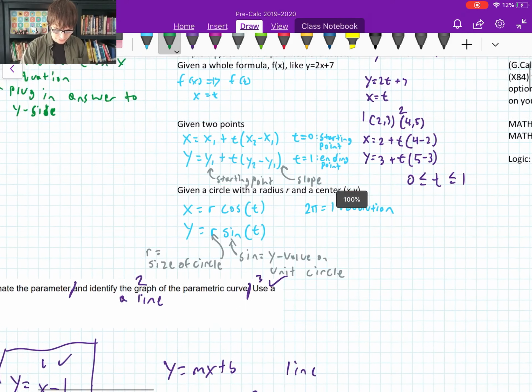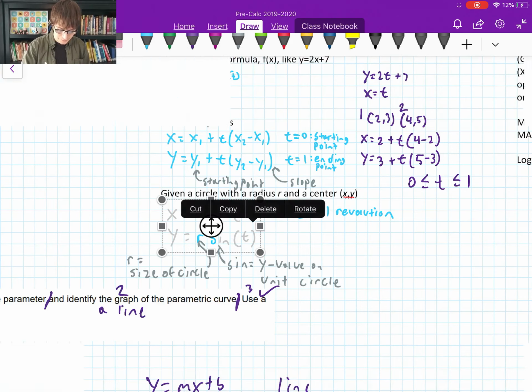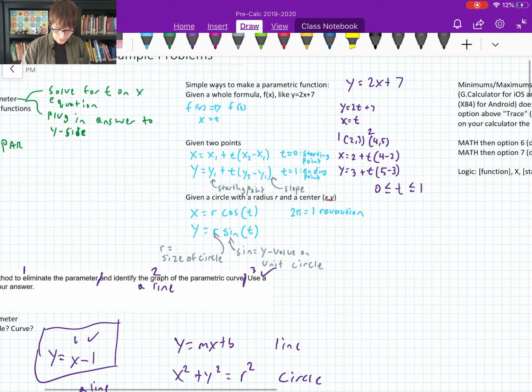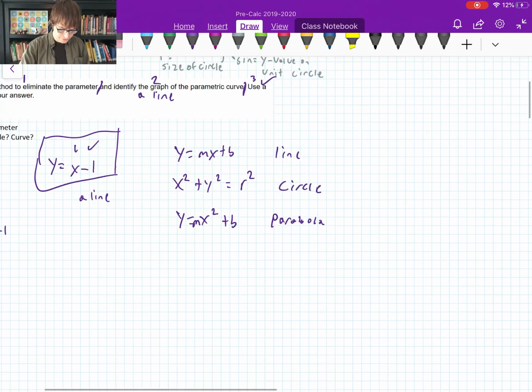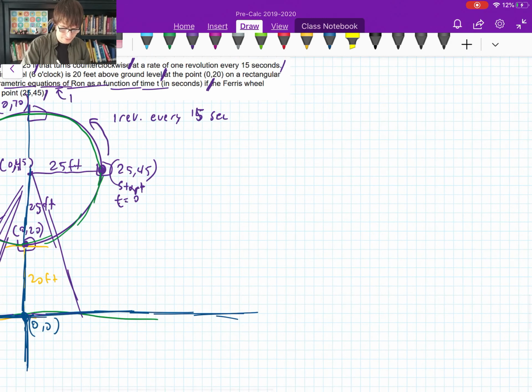This is the equation of a circle: x equals r cosine t, and y equals r times the sine of t. And one more thing, 2 pi equals 1 revolution. So we want to keep that in mind as well.